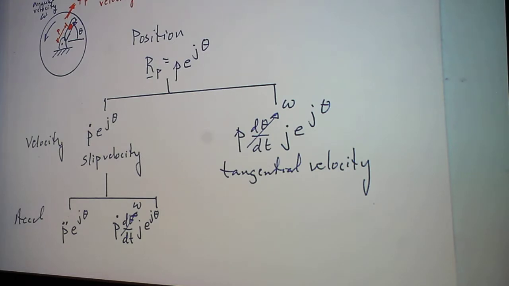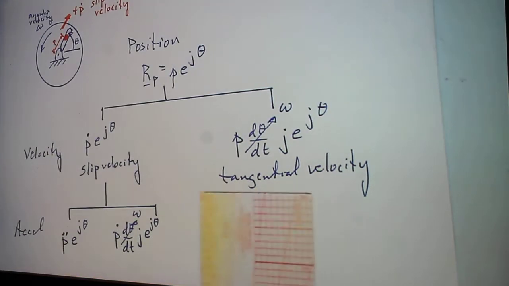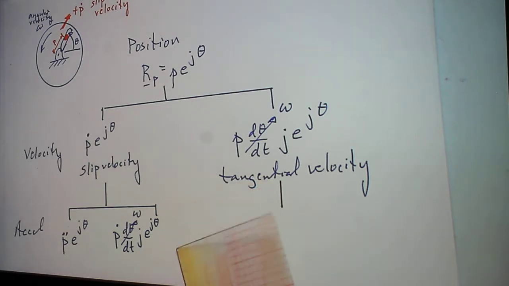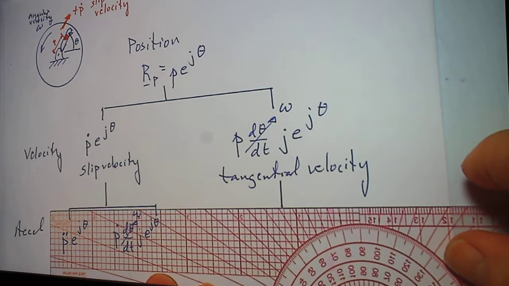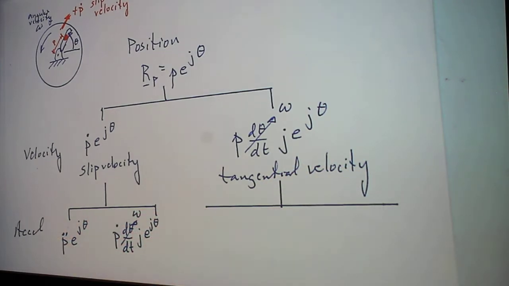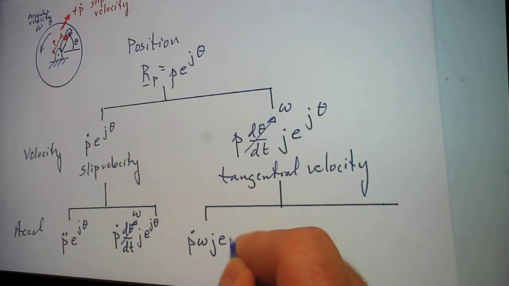Right? Then if we take the tangential component here and differentiate that, the first one is P dot omega j e to the j theta.